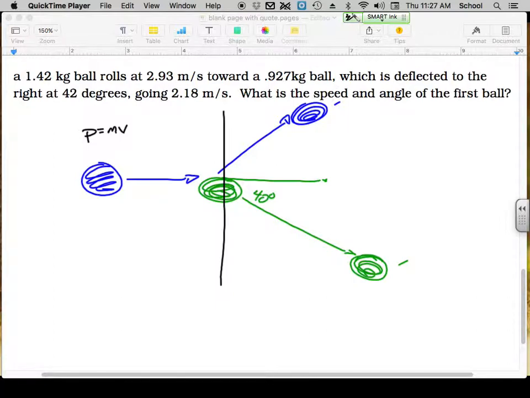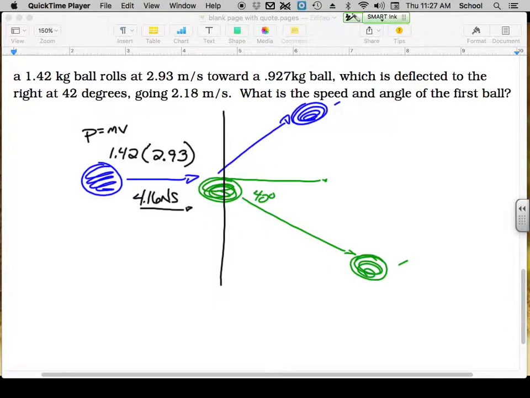So to find out how much momentum, we just take its mass times its velocity, and that would give us our momentum. Nice and simple. So 1.42 times 2.93 gives us a total of 4.16 Newton seconds going straight forward, and that's how much momentum we had before they collided.